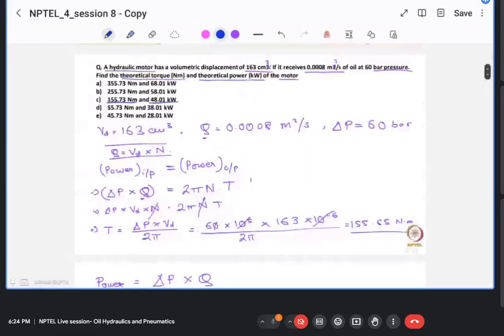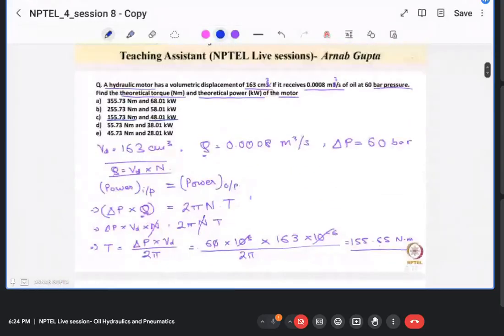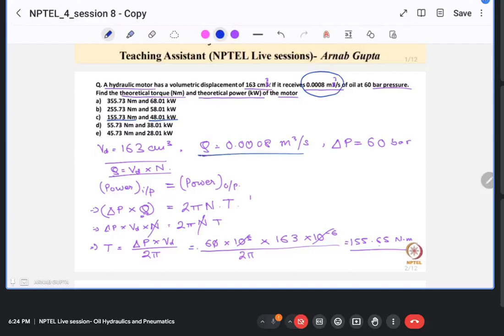If you look at the question carefully, and if you have some estimation capability, then you can understand that this value of Q is not correct. I mean, your pump, sorry, the motor, your flow rate through the motor can't be this low. It should be more, because another way to find out is by using this.